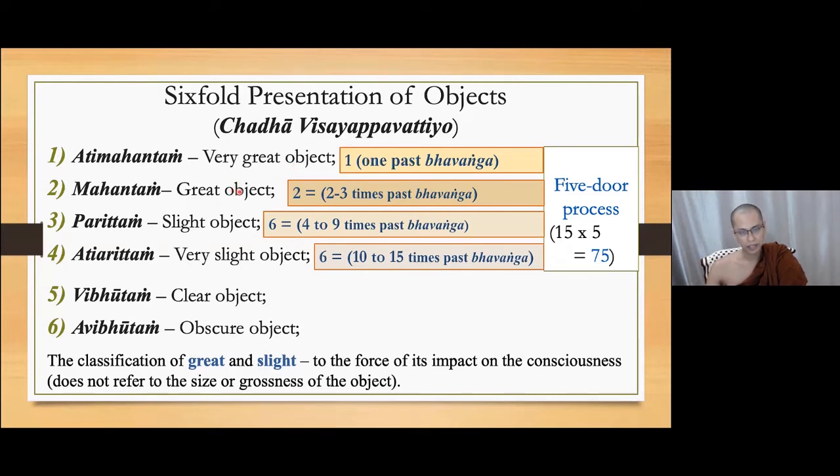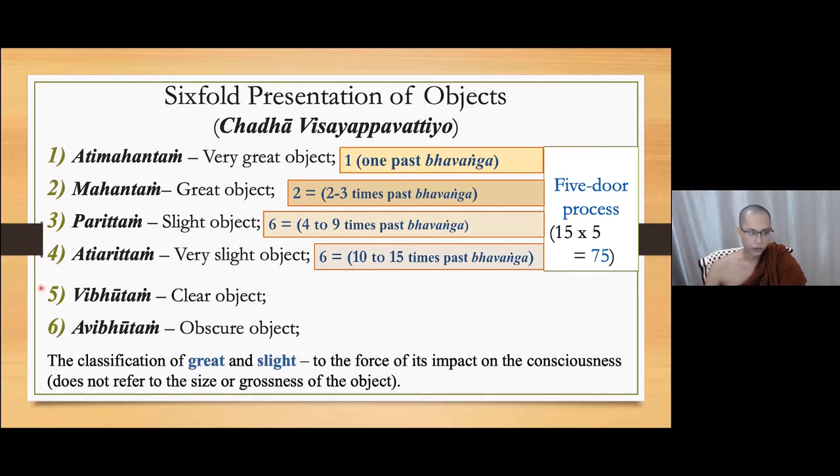And another 2 types of eye consciousness, taking the great object of visible form. Then the slight object of visible form, the very slight object of visible form. In this way, if we classify the 5-door process, we get the eye-door process 15 and ear-door process 15, etc., and it becomes altogether 75 5-door processes.